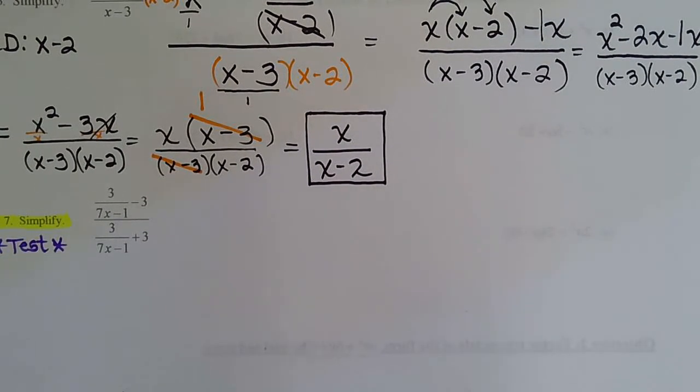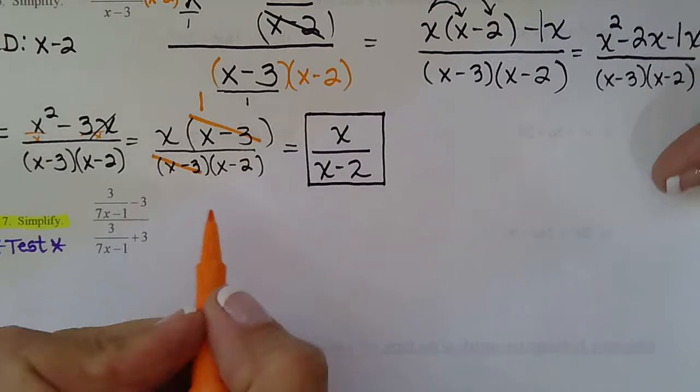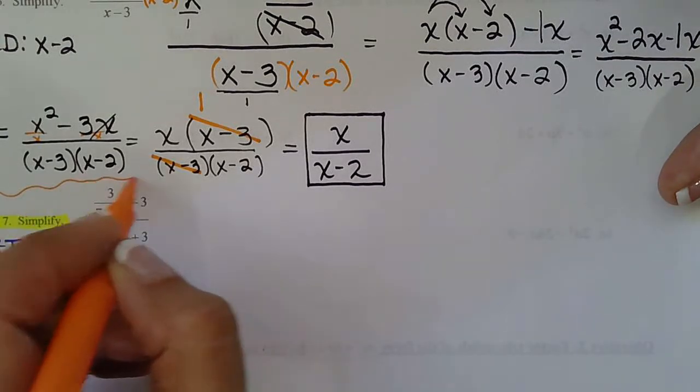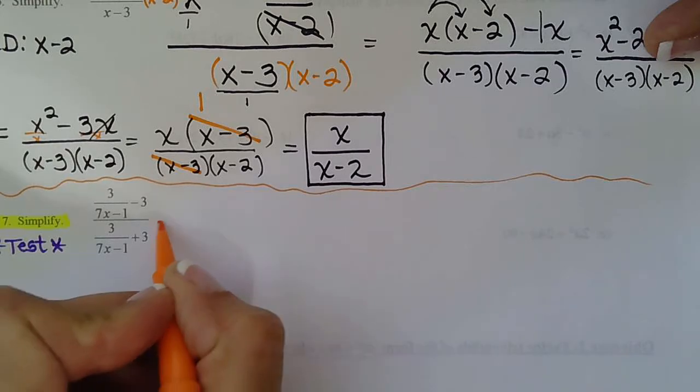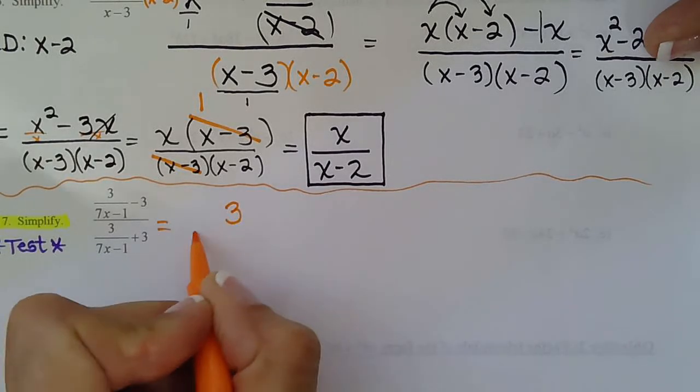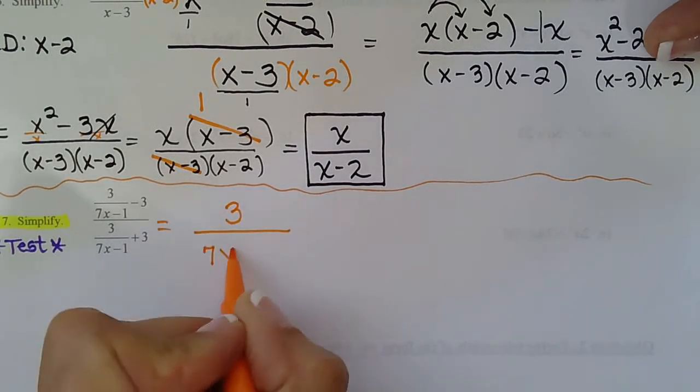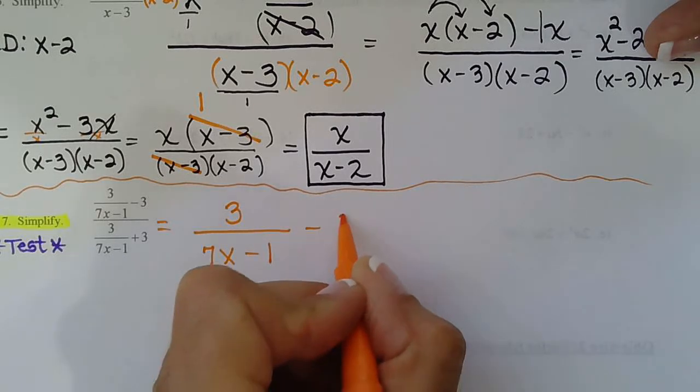While you might be finishing copying that one, I am going to write 7 big. So we have 3 over 7x minus 1 minus 3.